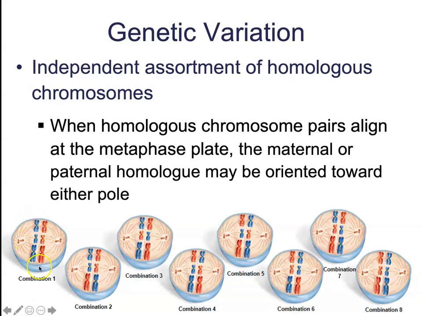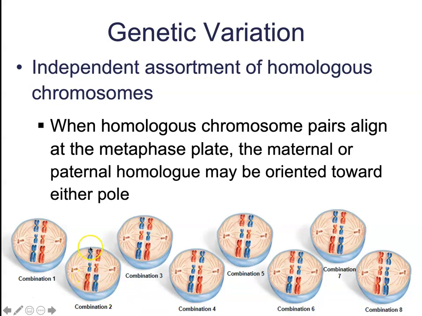So you could line up all 23 chromosomes of your mom on the left side, and 23 chromosomes of your dad on the right side. When this parent cell splits, you're going to see that one daughter cell is going to look an awful lot like your mom, and the other daughter cell is going to look an awful lot like your dad. But that's just one possibility.